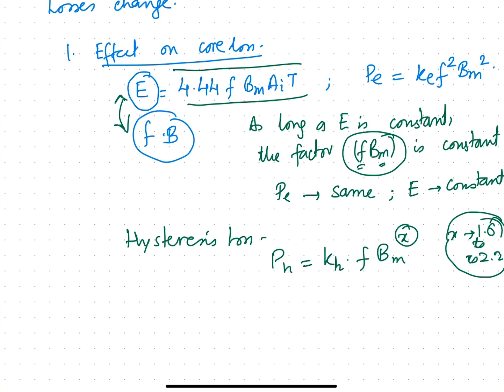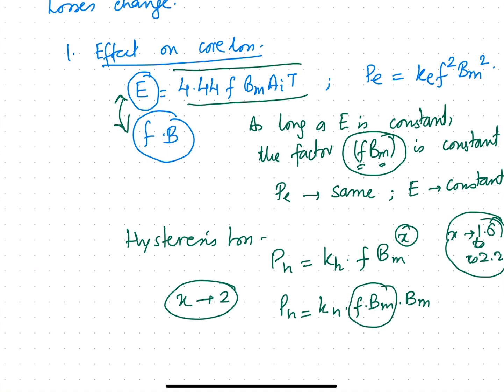So if you have x equal to 2, what happens to this term? Ph becomes Kh times f Bm into Bm. So again, this f times Bm is a constant, where we assumed this EMF to be constant. So we can say that this is constant K, and this is Bm, right?